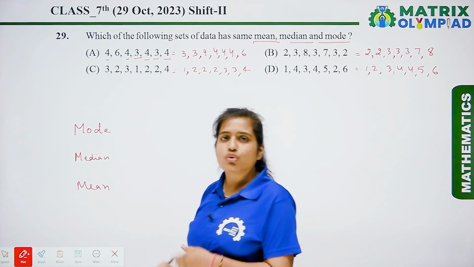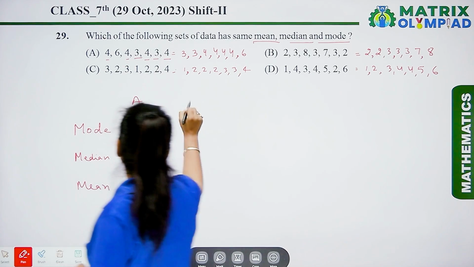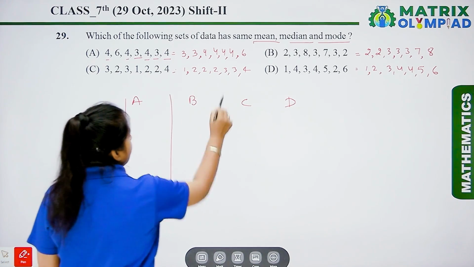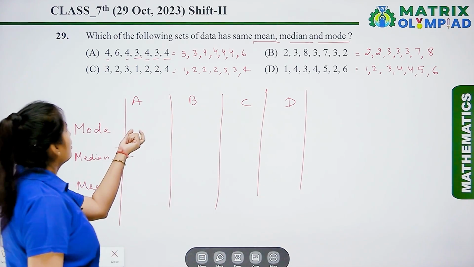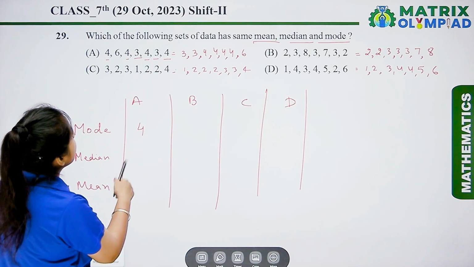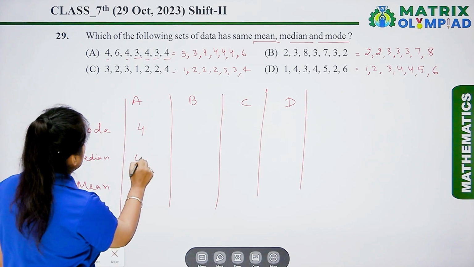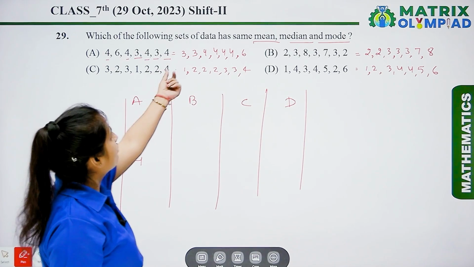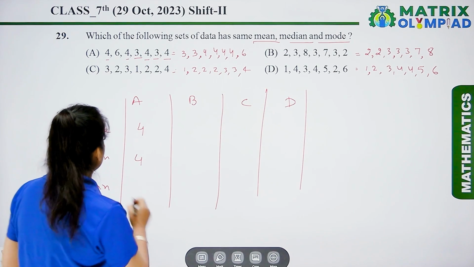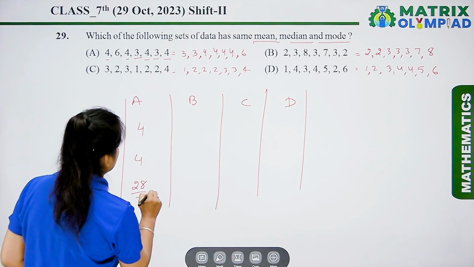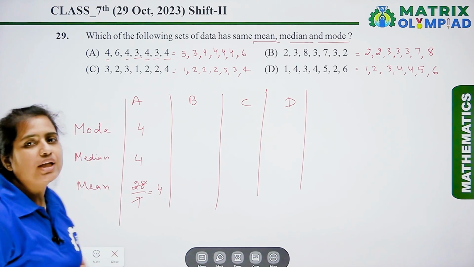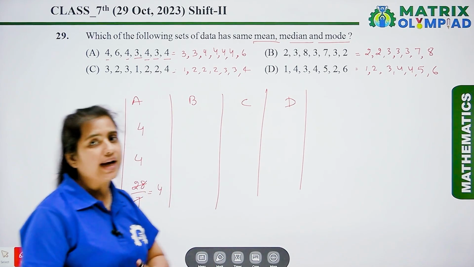Now, let's find out the mode first in options A, B, C and D. For option A, the mode is 4, median is 4 and the mean is, we have to calculate the sum of all the observations here and we will get 28 upon 7, that is equal to 4. So here mode, median and mean are the same, that is 4, 4 and 4.